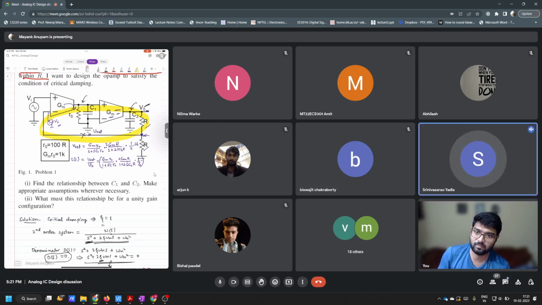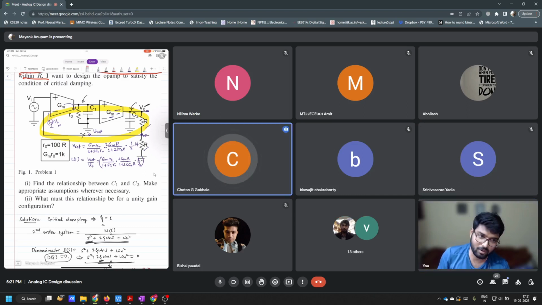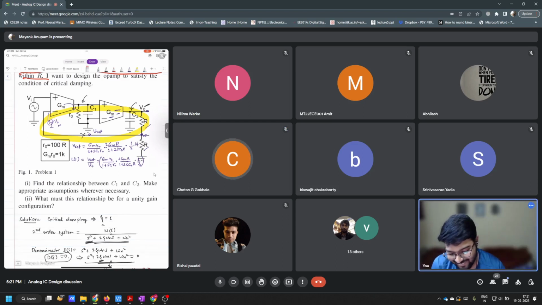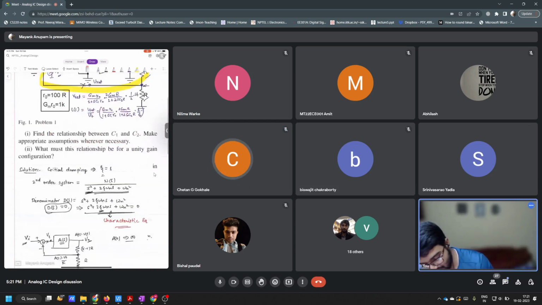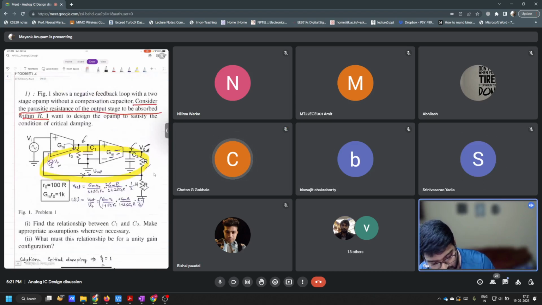V0 is equal to 2 times Vi. In the ideal case, V0 by 2 is being compared to Vi. This is Vi and this is V0 by 2. When everything is working fine, this op amp will have infinite gain.